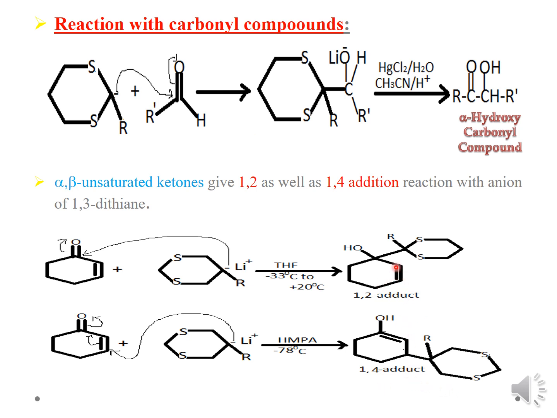I have told you earlier, it is like thermodynamically or kinetically controlled product. So if you see here, this carbanion goes and attacks the carbonyl carbon, okay, it is a 1,2 adduct. So here if you number it as 1 and then 2, this goes and attacks the second position, the carbonyl carbon of your alpha beta unsaturated ketone.